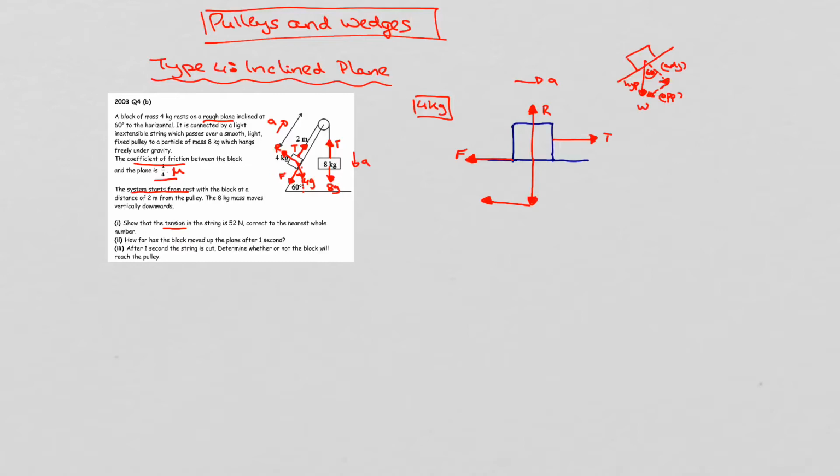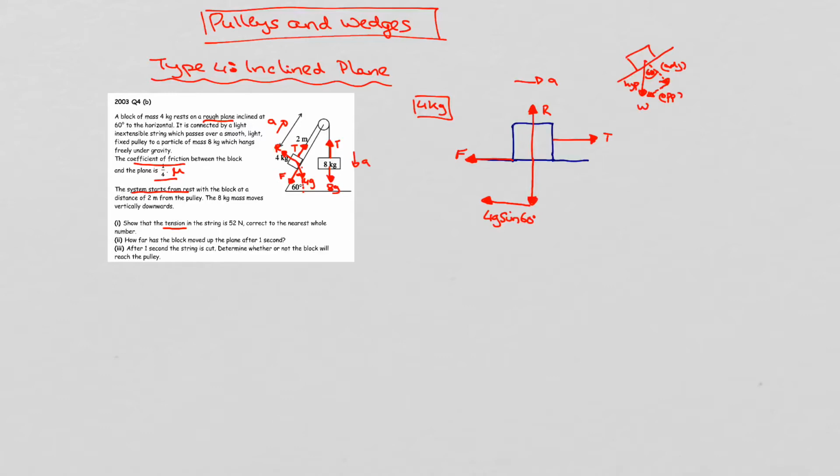Okay, so the opposite side is always going to be our sine. So sine theta equals opposite over hypotenuse. Therefore the opposite is equal to the hypotenuse times sine theta. And the hypotenuse in this case is our weight, and our weight is our 4g, sine 60.